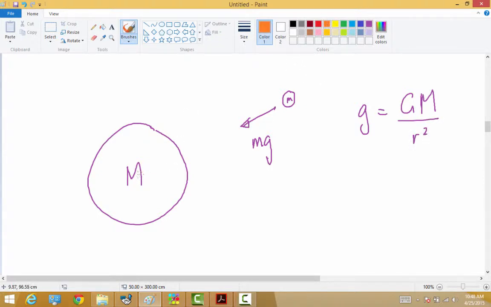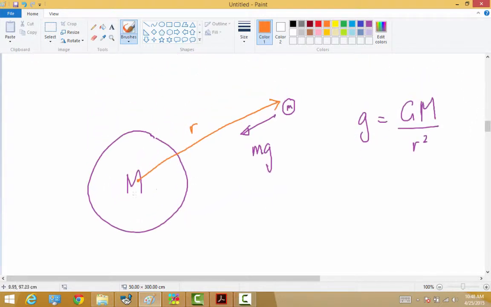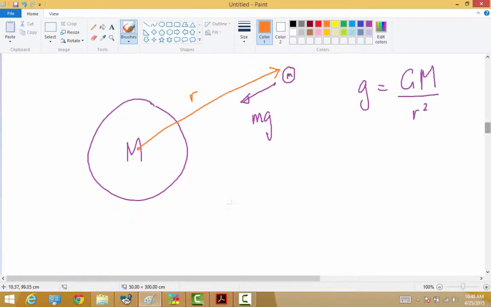Now remember, r is the radius to the satellite. It is from the center of the large body. It is not from the circumference of the large body to the satellite. It's actually from the center of the large body to whereabouts the satellite is.